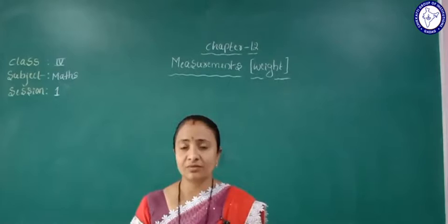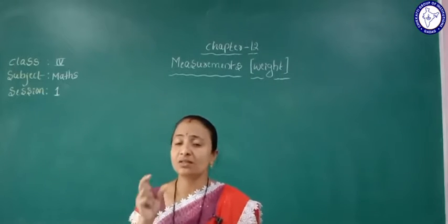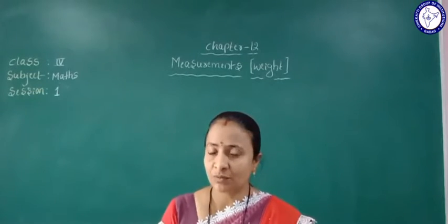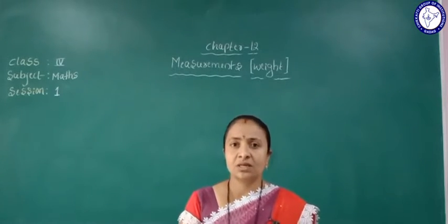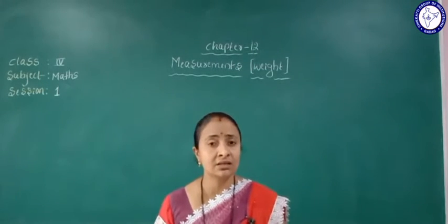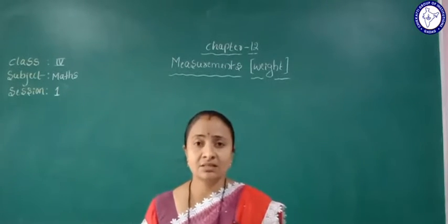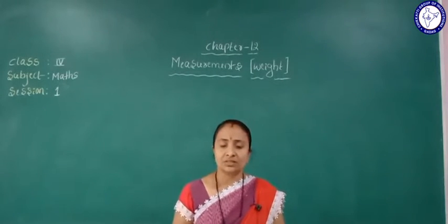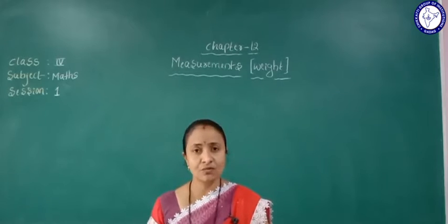In which situations, who are the users of weighing machines? Vegetable markets are using them, then florists, fruit shops, provision stores, bakeries, wholesale shops, and those selling grains and pulses. So these are the users of weighing machines.